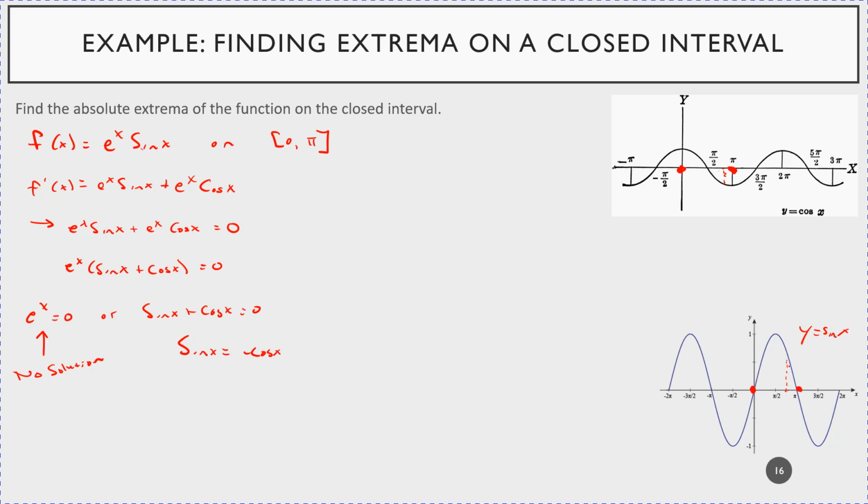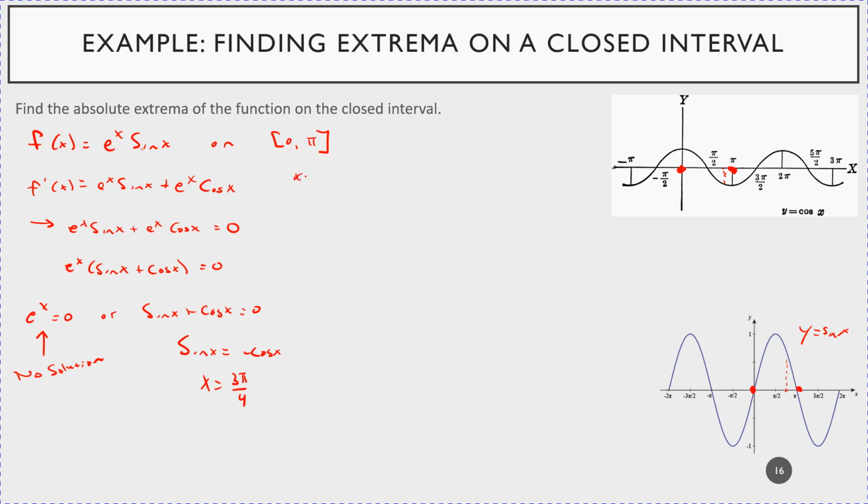So somewhere between there, sine is positive and cosine is negative. Well, so if you take the negative of it, they would be the same value. And so, if you remember your trig, this will happen on this interval when x is equal to 3 pi over 4. All right, so you're just going to have to test.